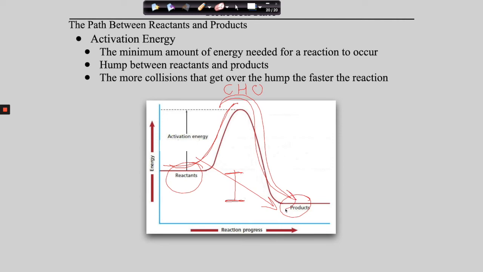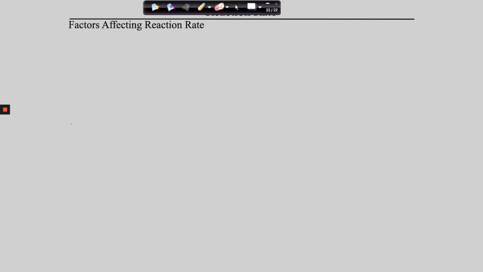Okay, so guys, that's the fundamental ideas behind activation energy and what that hump means. So now, guys, the question becomes this. What can we do to get more collisions over the hump? Guys, what can we do to get more collisions over the hump? And the answer is this.